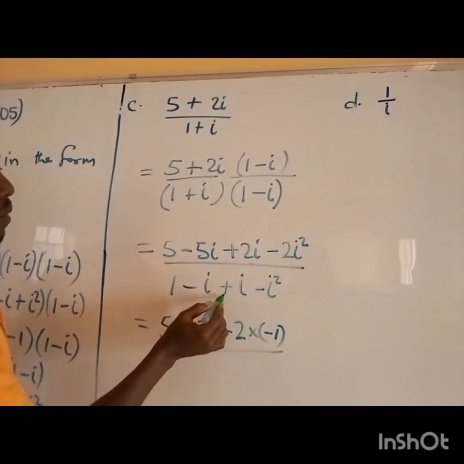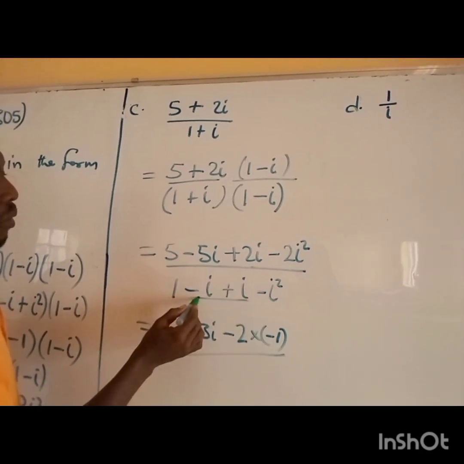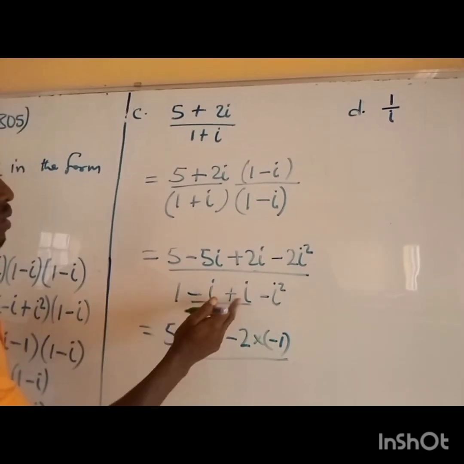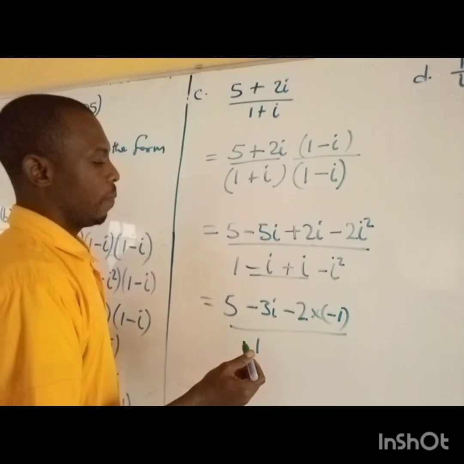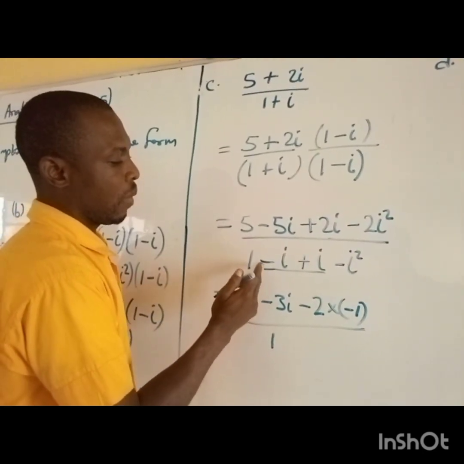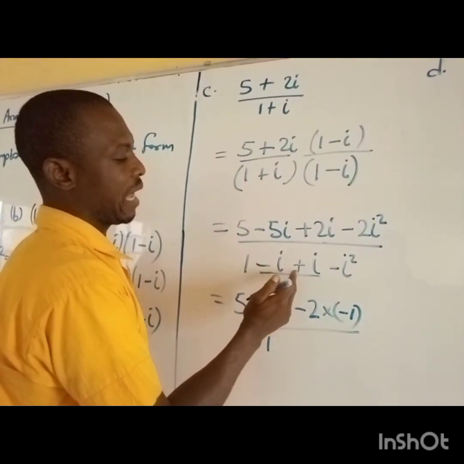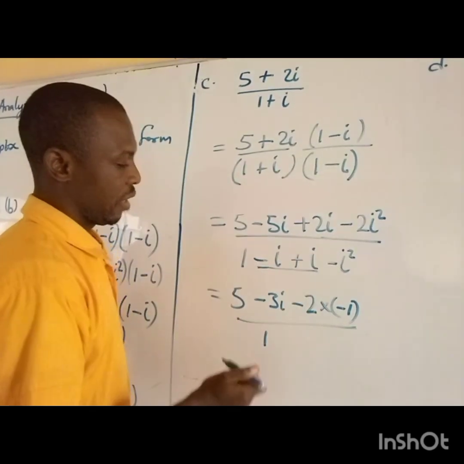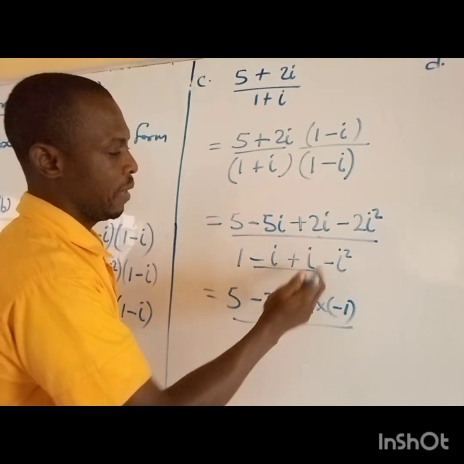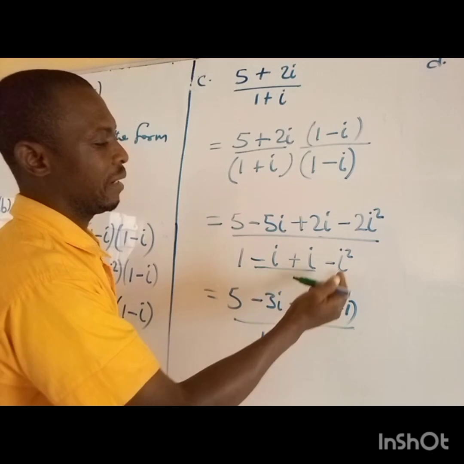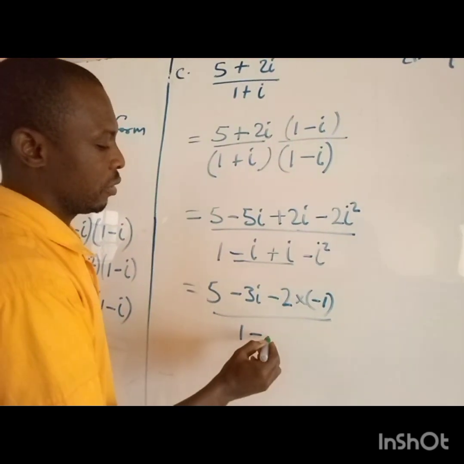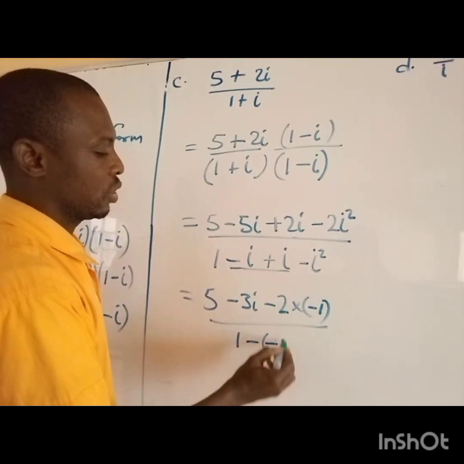Minus i plus i will cancel out. So that is 0 in the middle. So we have 1 left here. This minus is this, and i squared alone means minus 1.